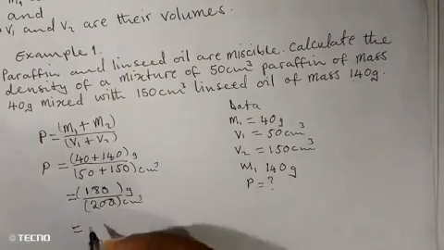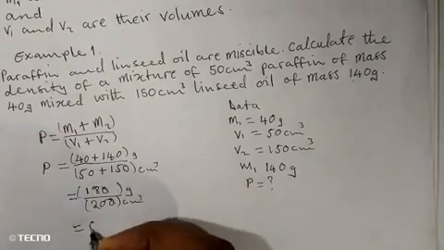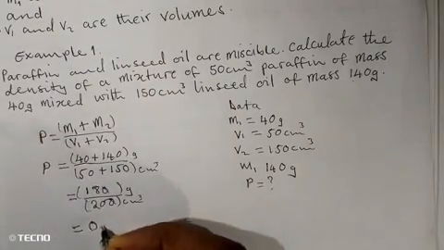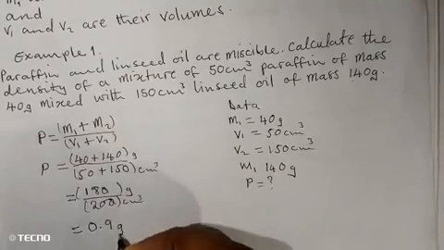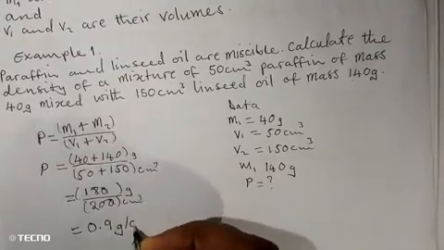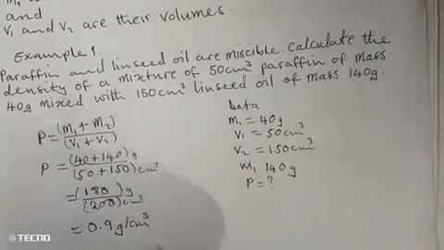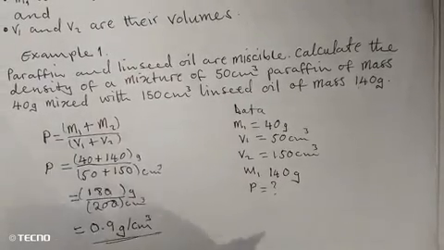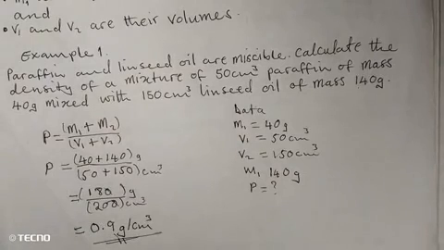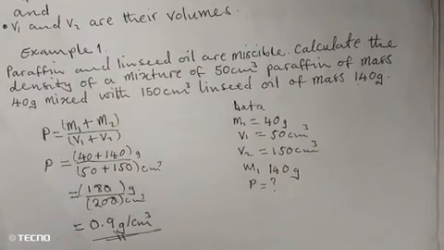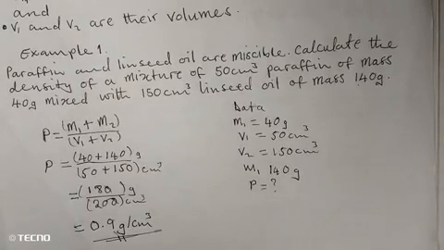Our answer is 0.9 grams per centimeter cubed. So this is our answer. This is the density of the mixture of the two liquids.